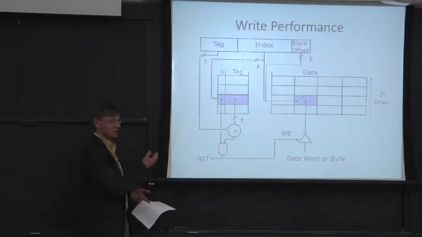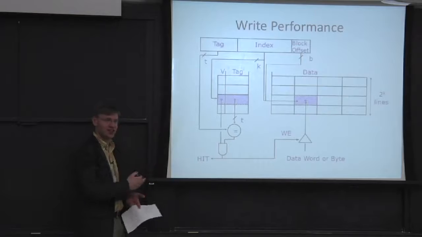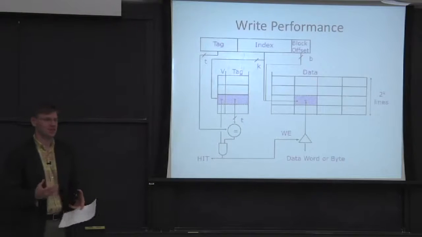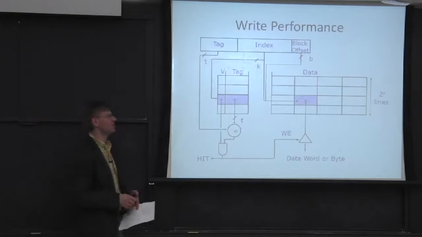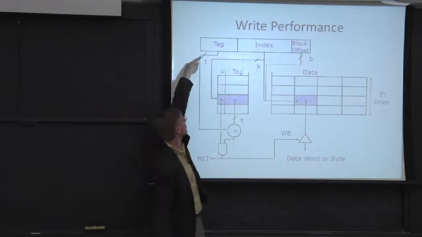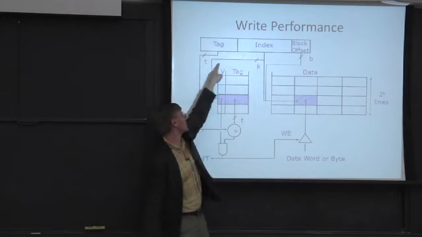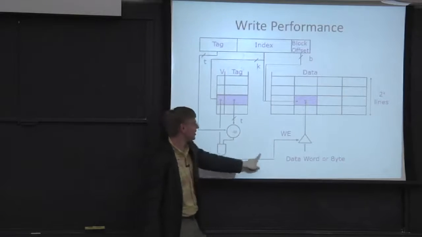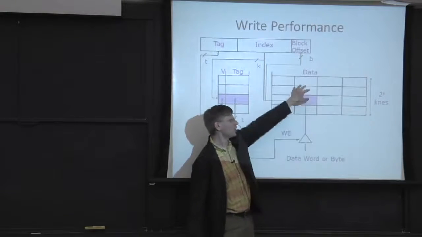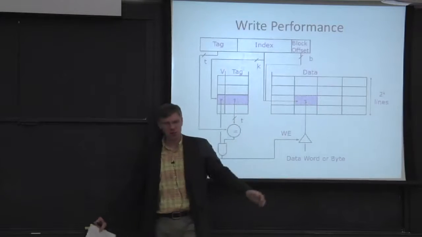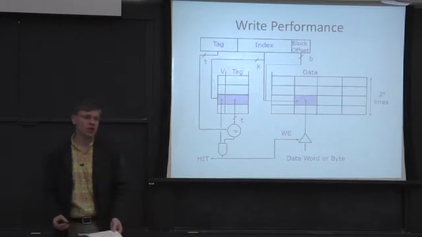Well, sure. Original machines did do this in one cycle. It's possible to build. You have a nice combinational path that sort of comes through out of the index, through here, through all this logic, and then through the write enable into here. It's buildable. Not great for your clock performance.